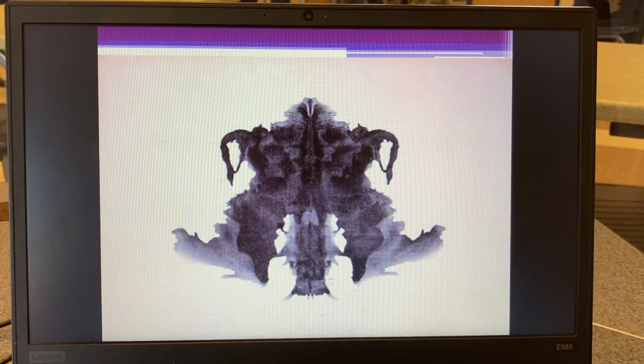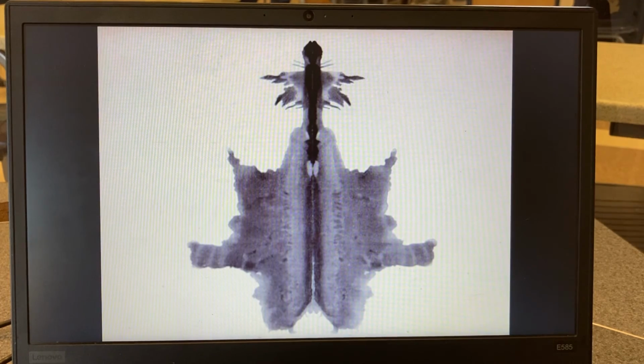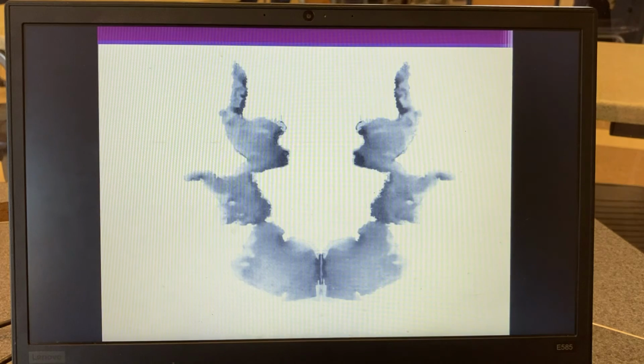I also see a squished frog. It's just different things. What do you see? I see a butterfly. What do you see?